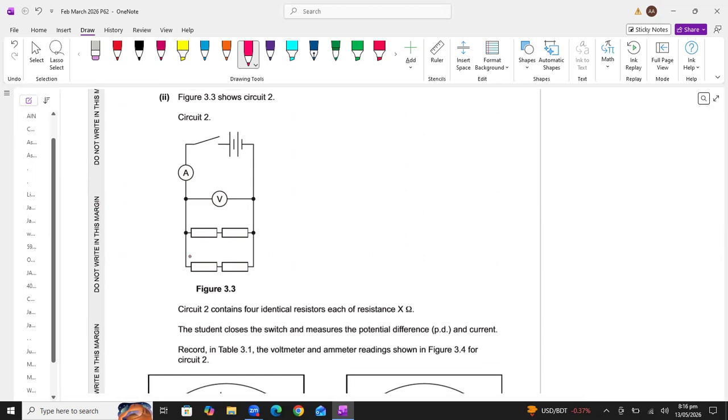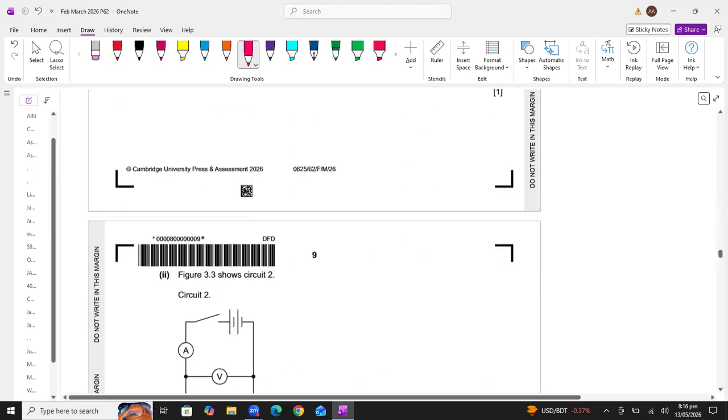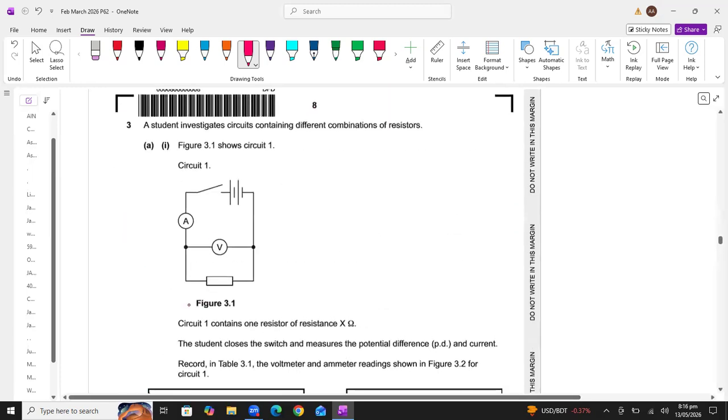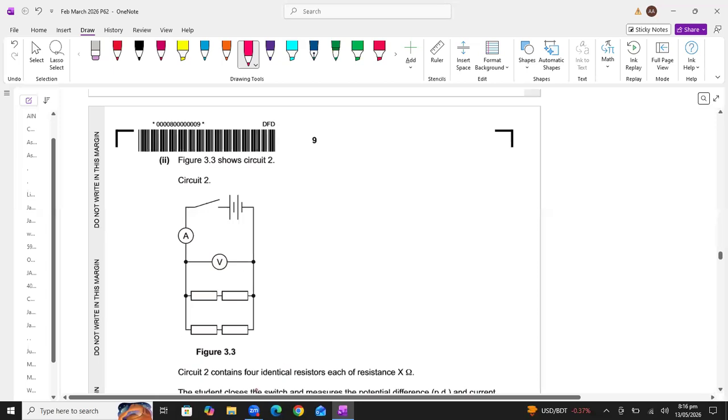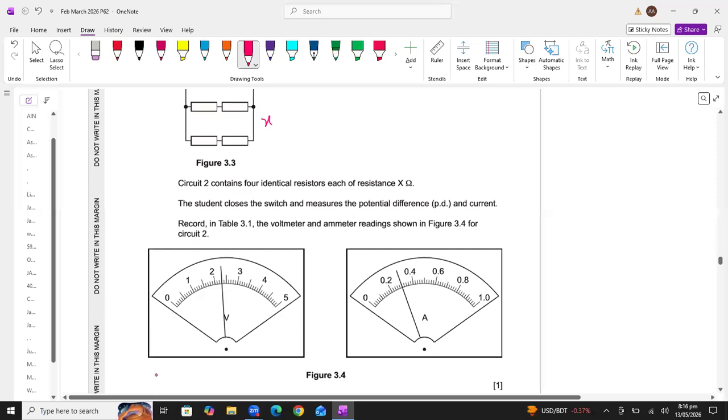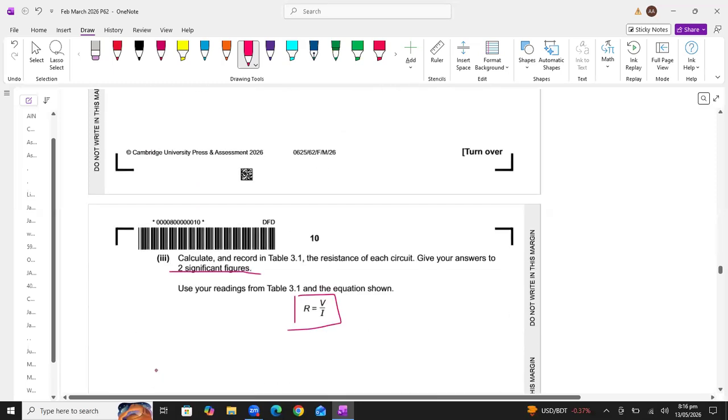So I told you that this circuit will give us the same resistance as we were getting in circuit 1. So it means, student, the circuit 1 resistance was X ohm. If I combine all four resistors, again we are getting X ohm. So it means all four resistors in combination will give us the resistance of one resistor only. So theory is suggesting that the resistance of both is same.